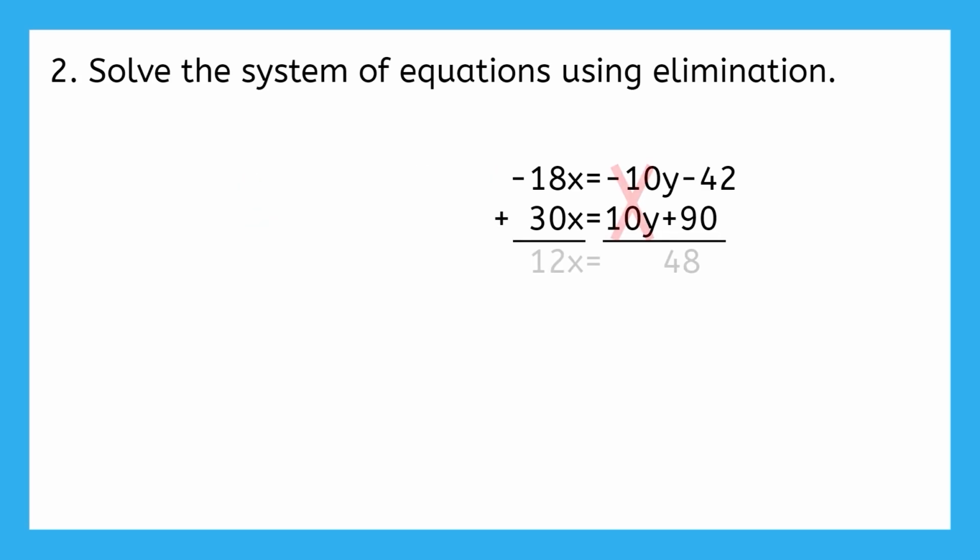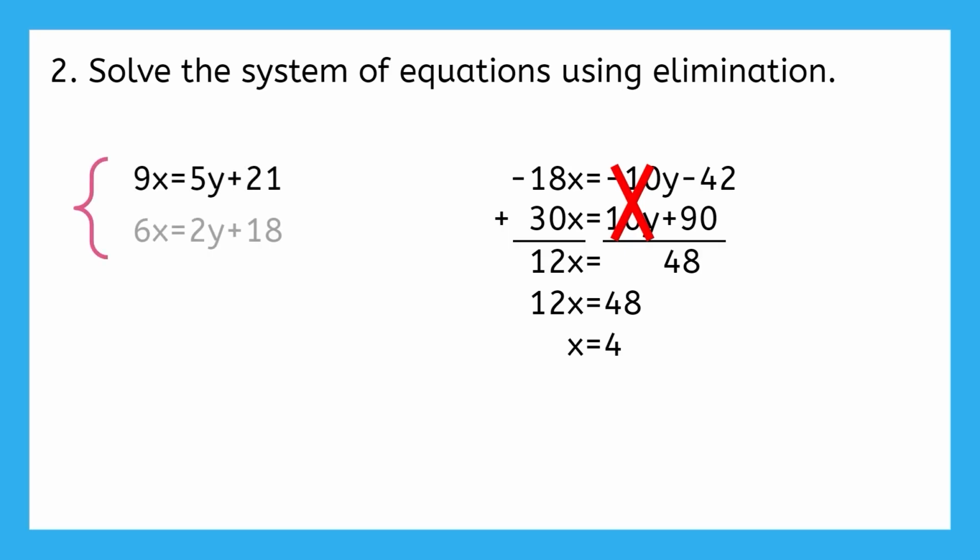Adding my equations gives me 12x equals 48, or x equals 4. That's half of the solution. How can I use that x equals 4 to find the value for y? Yeah, we can substitute 4 for x into one of our equations. But actually, we really have 4 equations that we can use.